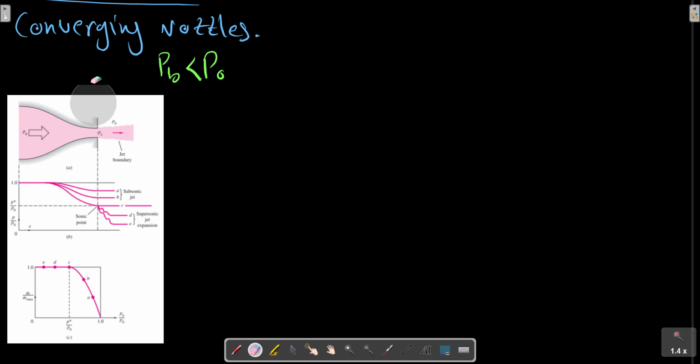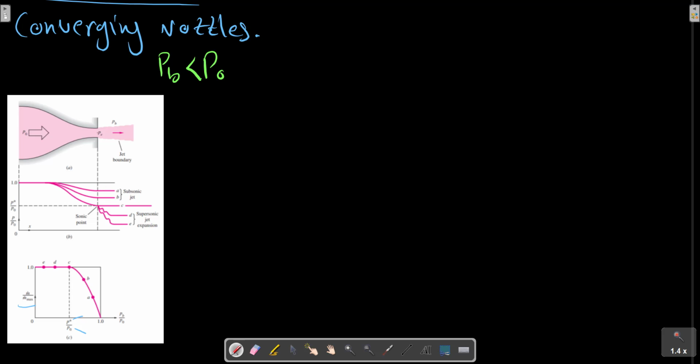A to E also have various flow conditions as a function of the ratio of the sonic pressure to the stagnation pressure.